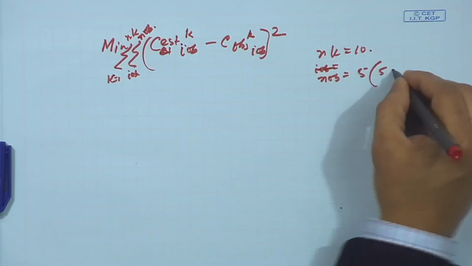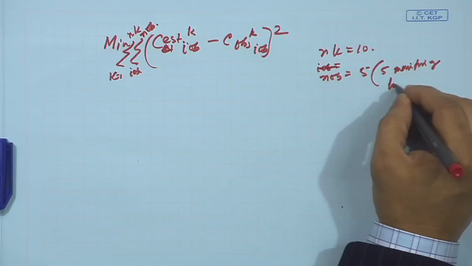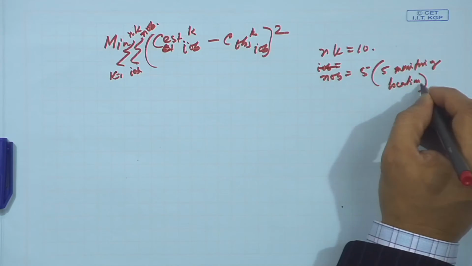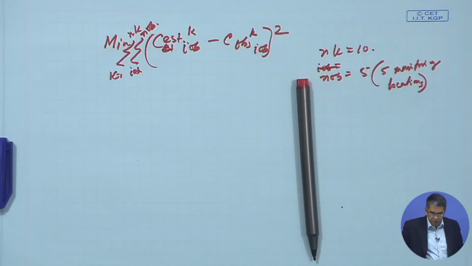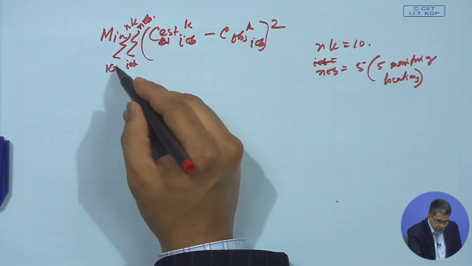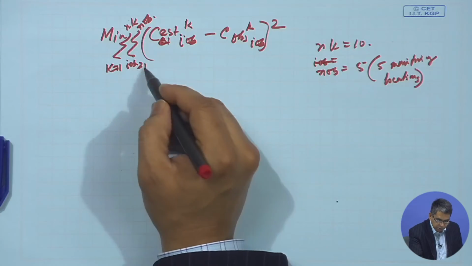That means 5 monitoring locations, NOB equals 5, and 10 time periods, nk equal to 10. Of course k is a variable which goes from 1 to nk, and IOB goes from 1 to NOB.